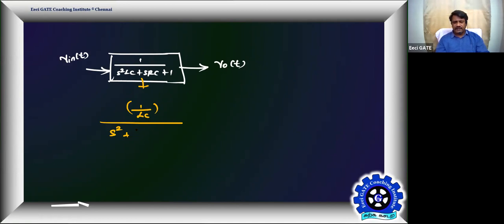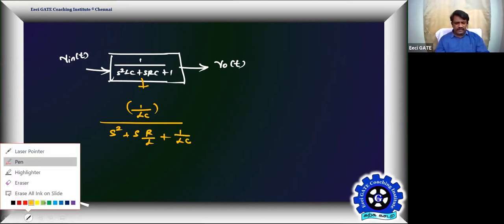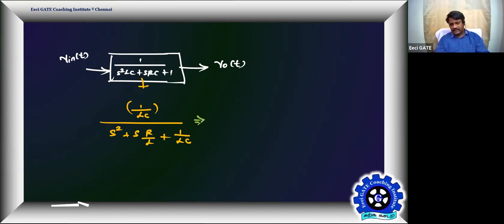SRC by LC becomes S into R by L, plus 1 by LC. That's our transfer function, which resembles the standard second order omega n square by S square plus 2 zeta omega n S plus omega n square. We are familiar with this, everyone? Yes.